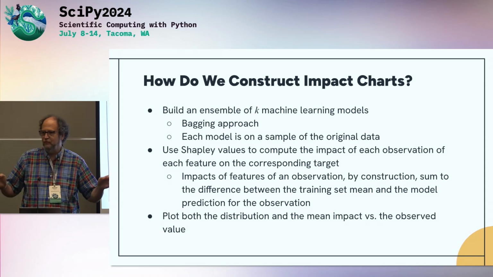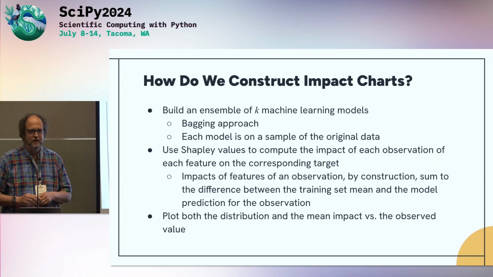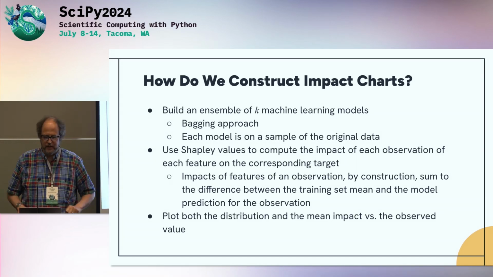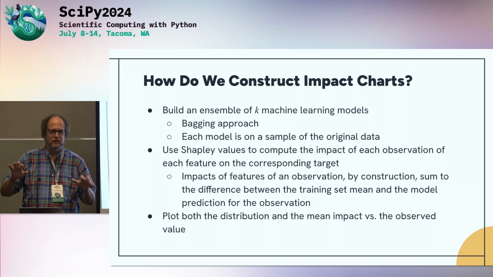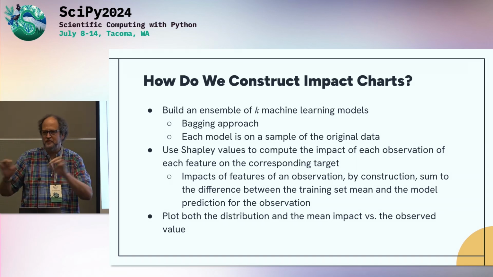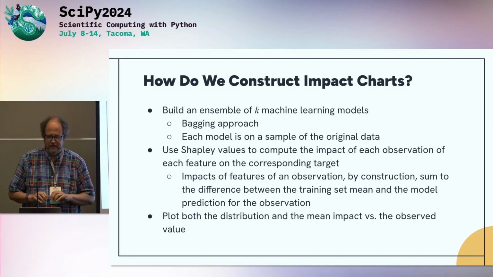We're going to build K of them, typically maybe K is around 50 or 100 or so. We're going to train each one on a sample of the data. So we're going to keep resampling over and over again and fit each model on a different sample. So those models will give different predictions. They won't all agree because they weren't all trained on the same data.